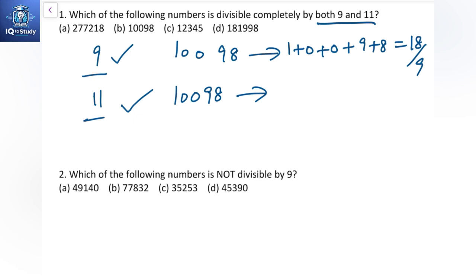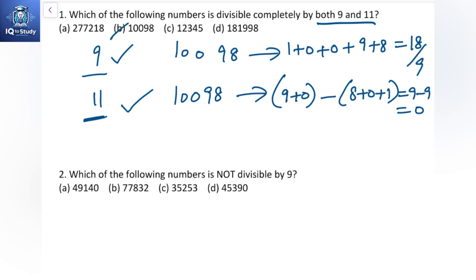It means 9 plus 0 minus 8 plus 0 plus 1, which is equal to 9 minus 9, that is equal to 0. So 11 also follows. So option B is correct.